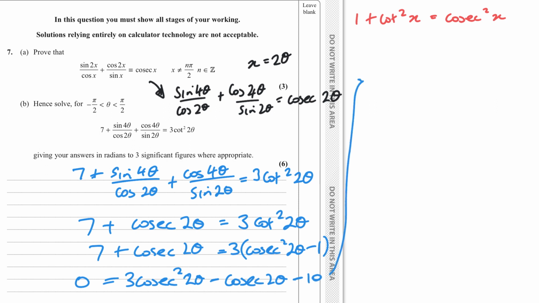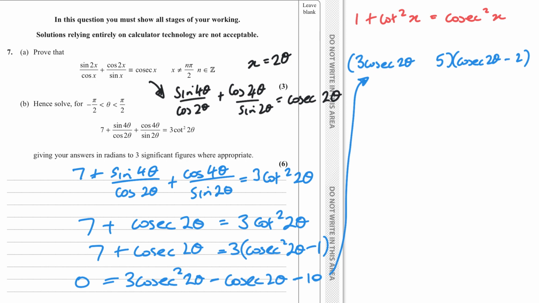So just moving up here, we want to factorize this. Okay, so I'm going to go straight in with it. So we've got 3 cosec 2 theta and a cosec 2 theta. And I'm going to be looking at 2 and 5, because 2 3s are 6, and 6 take away 5, or 5 take away 6 is what I'll actually want there.